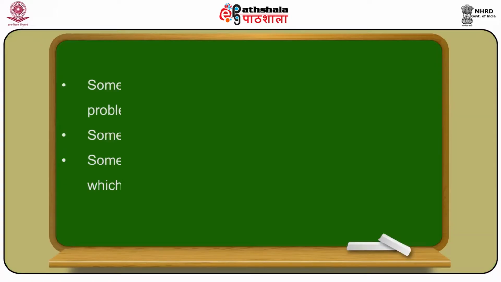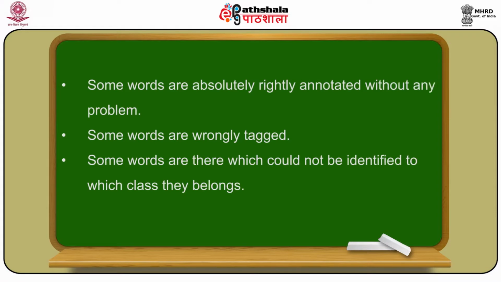So we get three different outputs in this annotation. Some words are absolutely rightly annotated without any problem, because the machine-readable etymological dictionary has given sufficient support or knowledge base to the system to identify the words accurately. Some words are wrongly tagged.